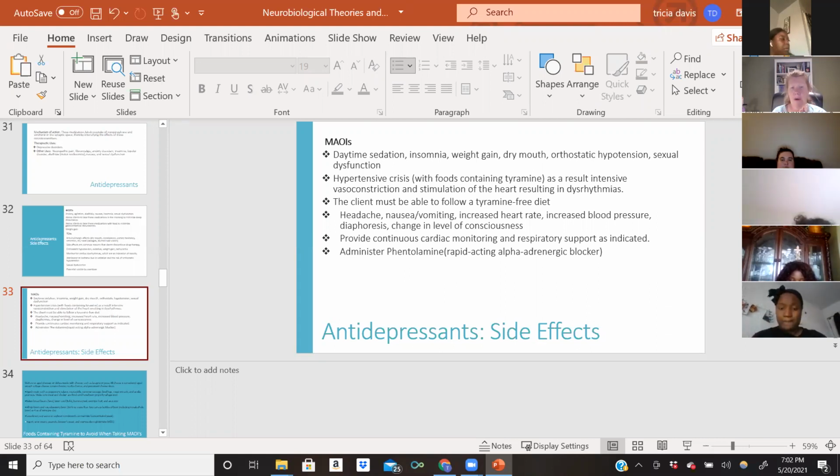So if you're on an MAOI and you eat a food that has tyramine, your patient could develop a hypertensive crisis. It occurs as a result of intensive vasoconstriction in your vessels, and then a stimulation of the heart. The combination of the two is going to cause dysrhythmias.